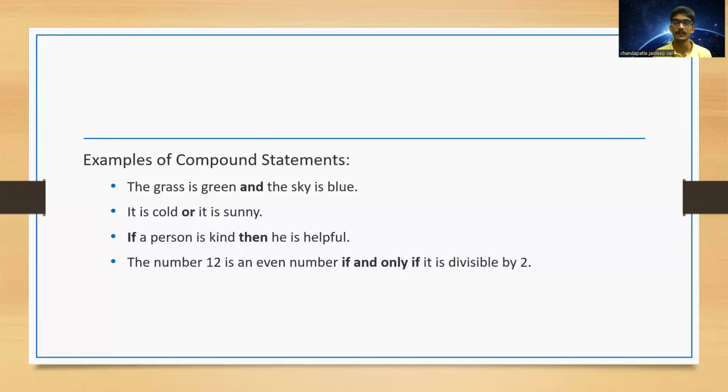Coming to the third example: if a person is kind, then he is helpful. In this also we can see two statements connected using the connective if then. One statement is a person is kind, and another statement is he is helpful.